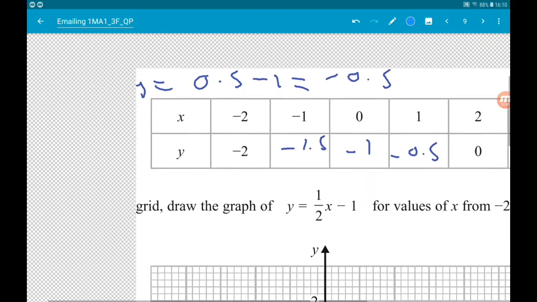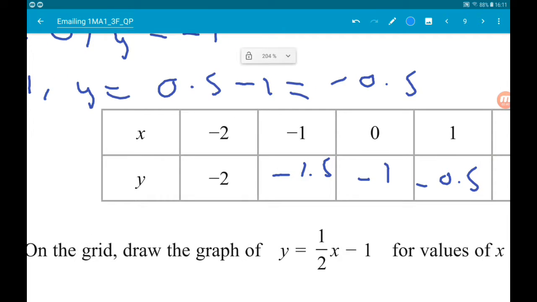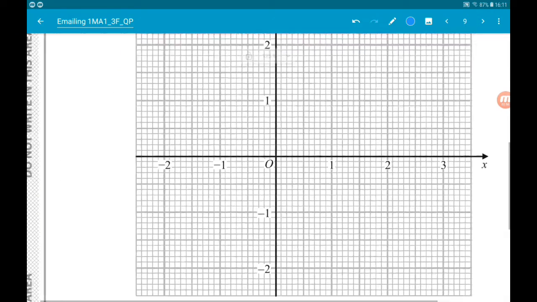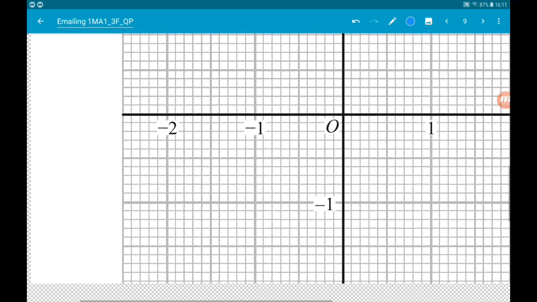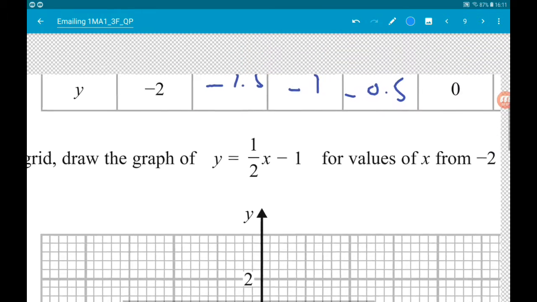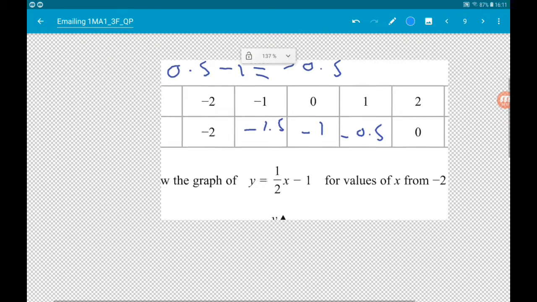Okay. So what we now want to do is plot these points. So remember, x is our across, y is our up and down. So the first point to plot then is -2, -2. So that is there. Then we're going to have -1, -1.5.